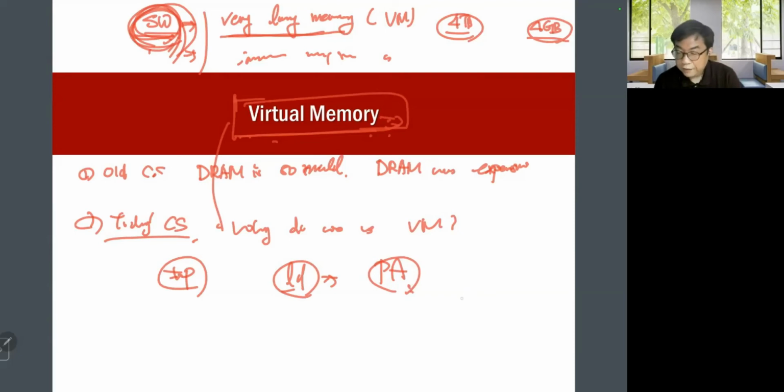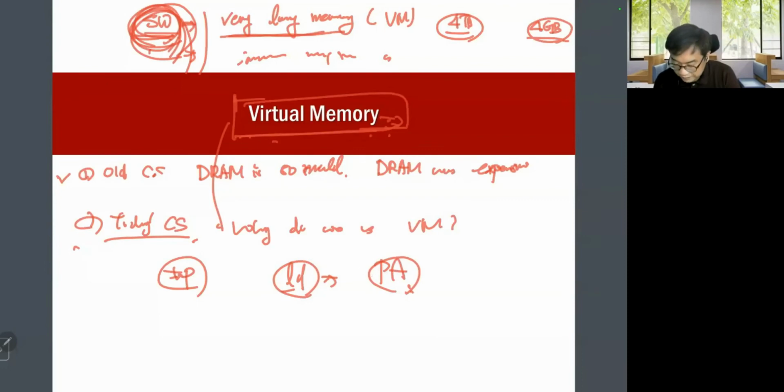Okay, that's why we currently use the virtual memory concept, even though many computer systems are equipped with very large memory. The original proposal of virtual memory was to use DRAM like a cache, but in today's computer systems we still use the virtual memory concept because it provides very simple abstractions to the software level, and then we can design software very easily.